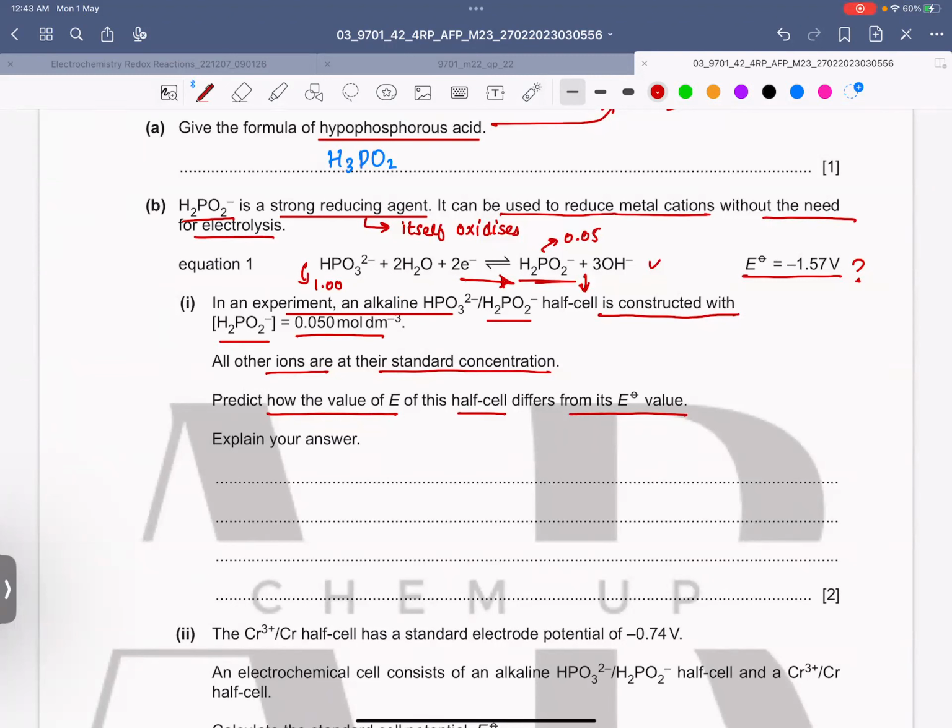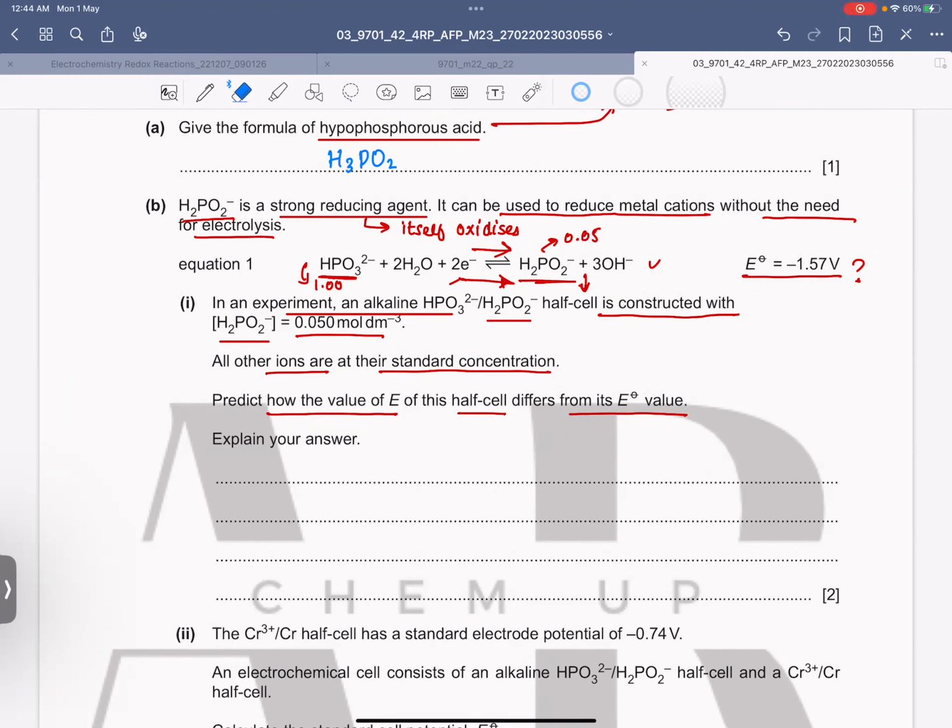To reestablish the equilibrium it would shift towards the right. So as a result, this HPO3 2 negative is going to reduce first to reestablish the equilibrium again, and as a result, the E value under non-standard conditions would increase because the reduction occurs to restore the equilibrium.